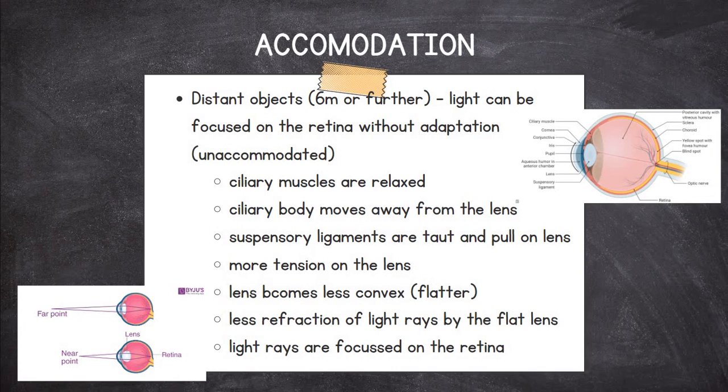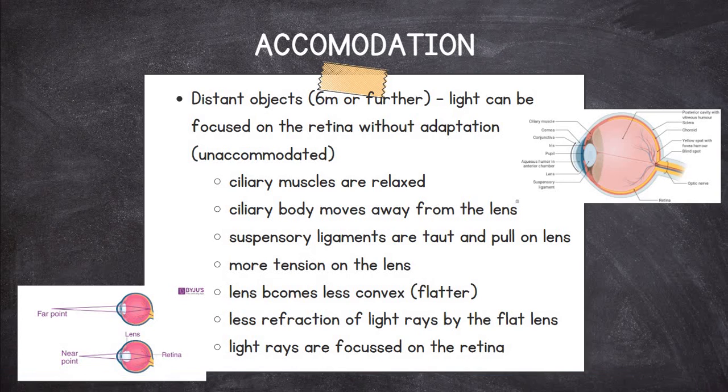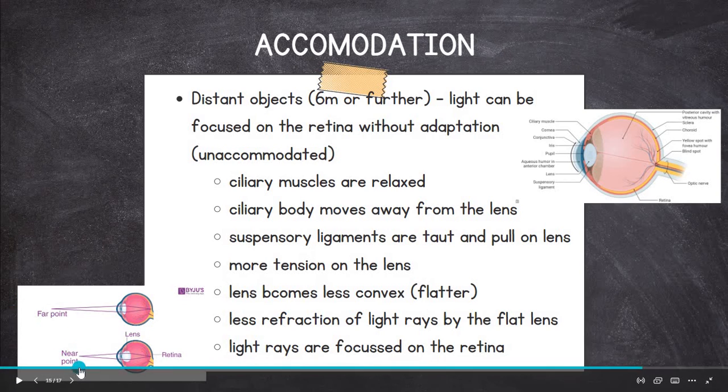So accommodation basically has to do with how thick or thin this lens is in order to enable the bending of that light, depending on how far we are from these objects.